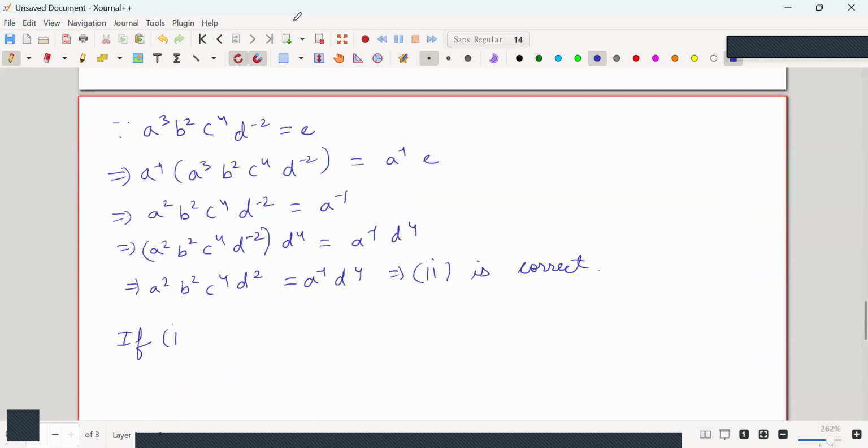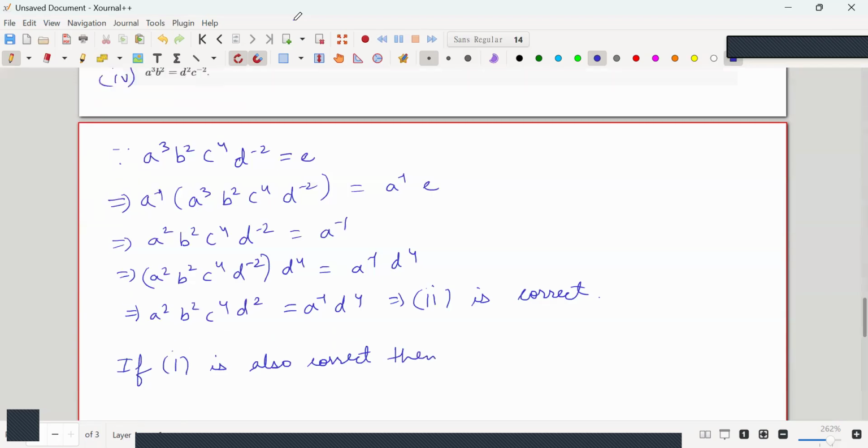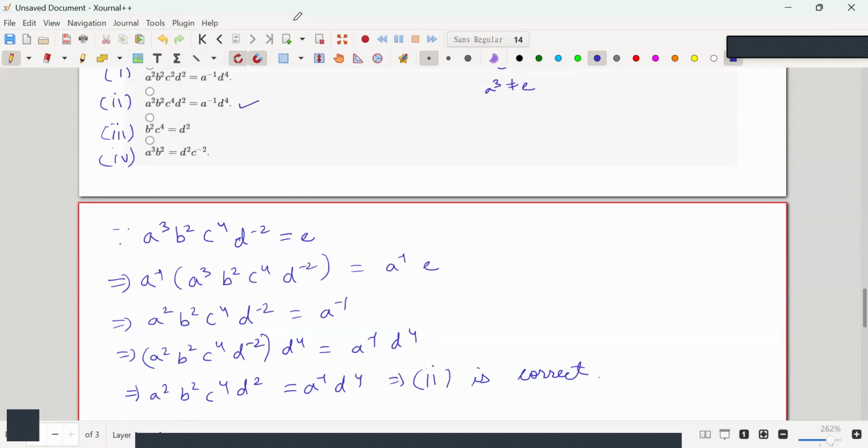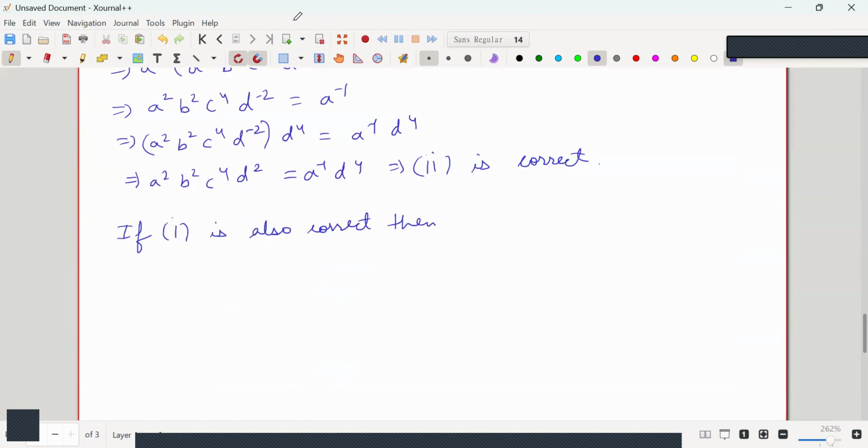If the first is also correct, then they both have the same RHS. So LHS should be the same. So this will imply A square B square C4 D square is A square B square C square D square.